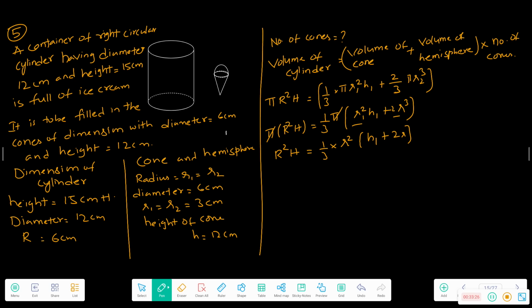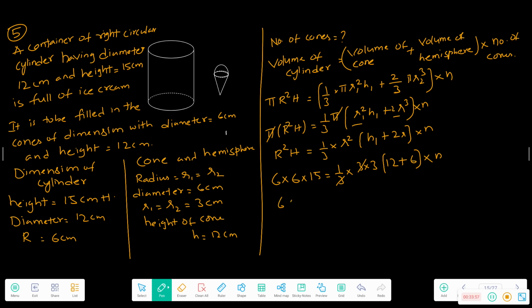Now capital R value is 6, so 6 into H value 15 is equal to 1 by 3, here small r value is 3, into 3, H1 value is 12 plus 6. Here the 3s cancel. Into n, we forgot to write n.